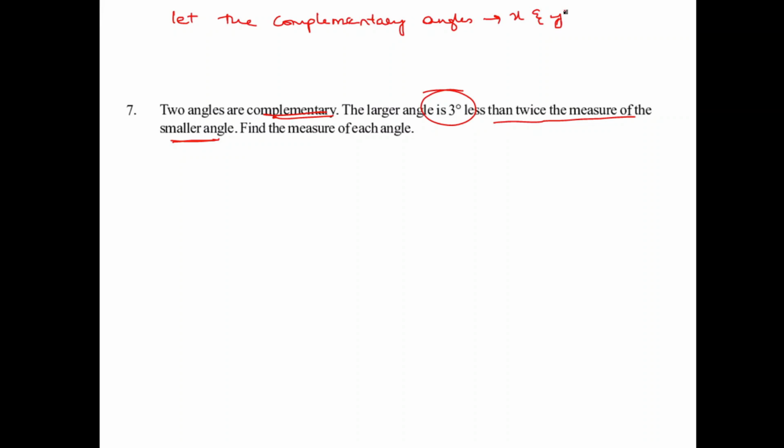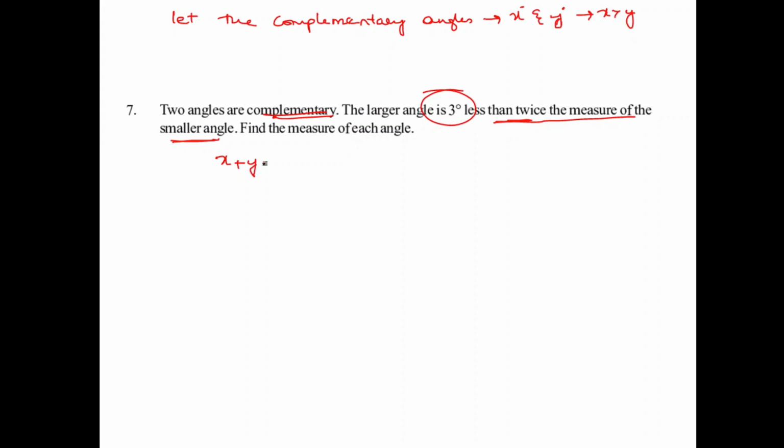The next problem has two complementary angles. The larger angle is 3 degrees less than twice the measure of the smaller angle. Let the complementary angles be x degrees and y degrees.